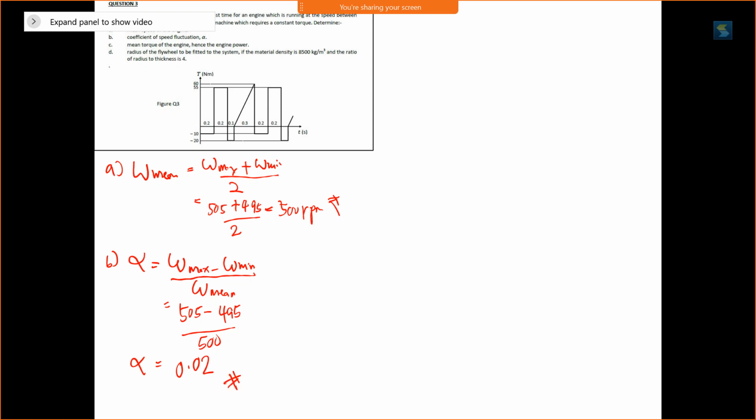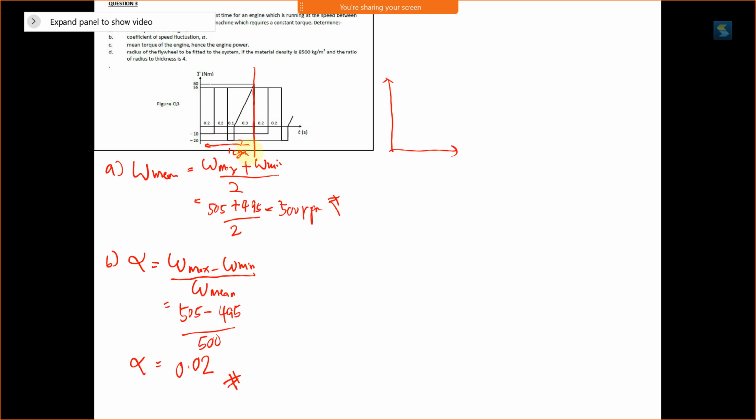So what is our conservation of energy? We have torque mean, which is over one complete cycle. Where is one complete cycle? It starts from -10, meaning it repeats until where? Here, right? Here. So this is our one complete cycle.